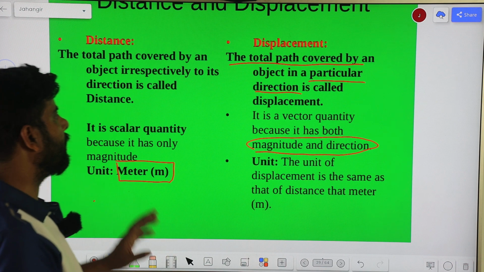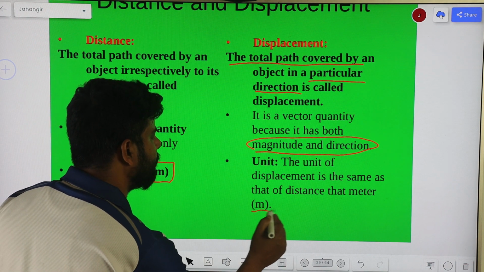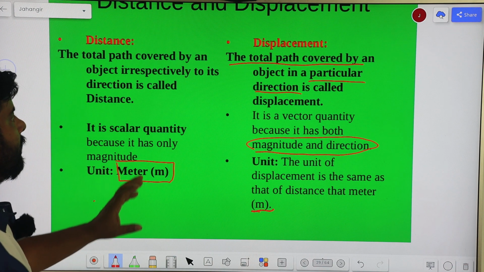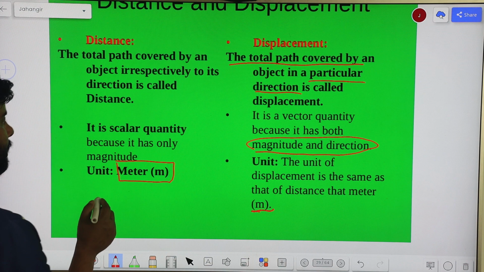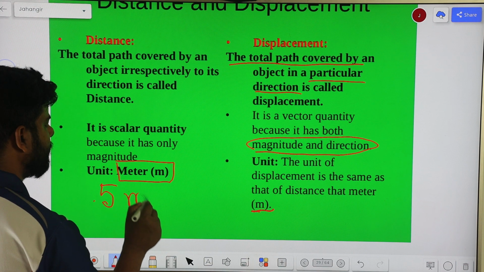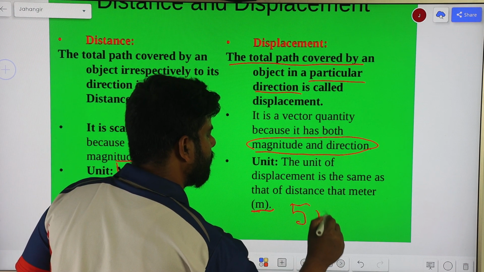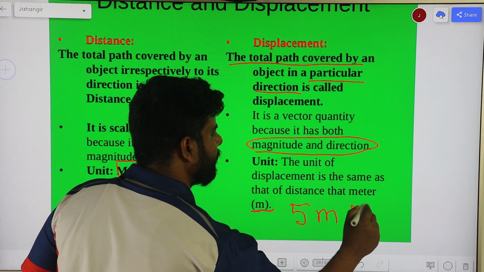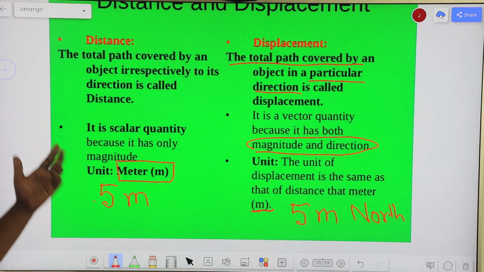The unit of displacement is the same as distance, meter. But remember, displacement has a particular direction. Say 5 meter is the distance, but 5 meter north is a displacement because north is a particular direction.